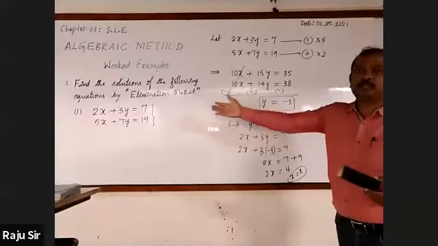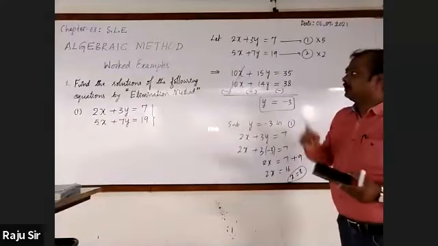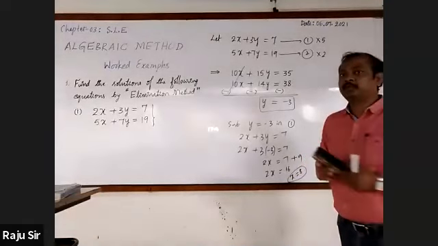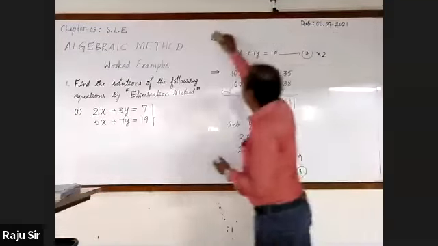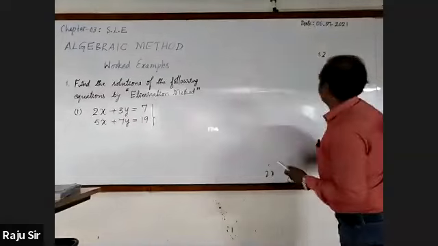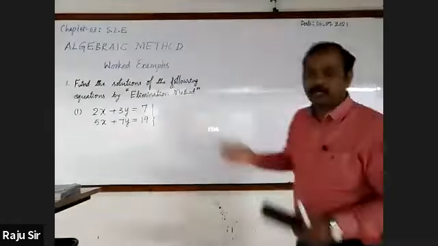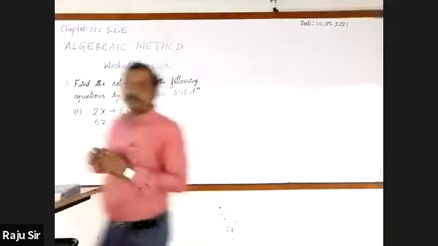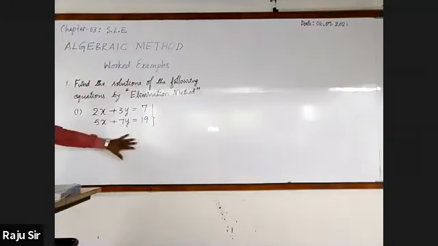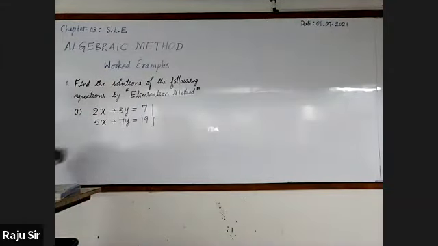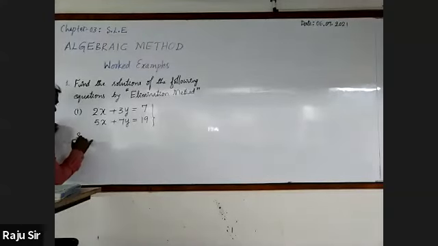This is the simple way that we follow to find out the solutions. Now you are going to write with me. Now I'm going to rub it again. Start writing. First, this is the given equation. Now we are going to assume each of these equations as 1 and 2. Write with me. Solution.